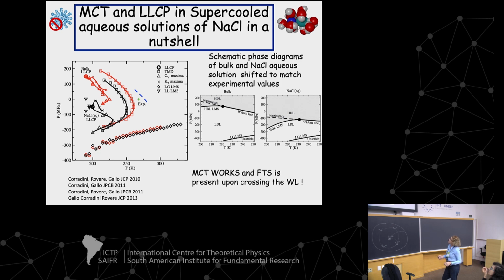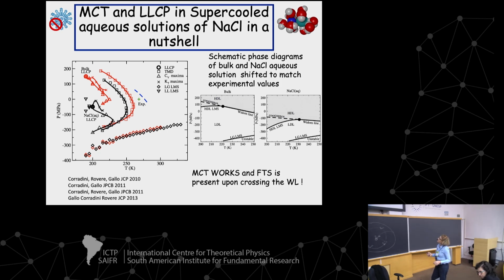So here, I think I showed you, or did I show you in the seminar, that when we add, for example, ions in water, the LDL region shrinks because ions are more favorably solvated where water is less dense.